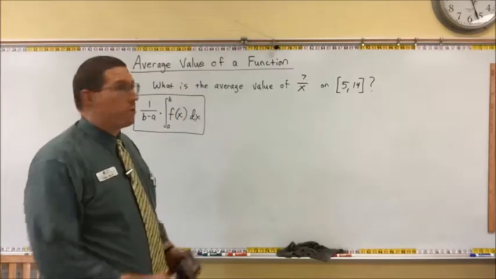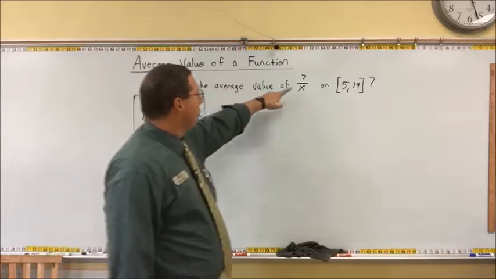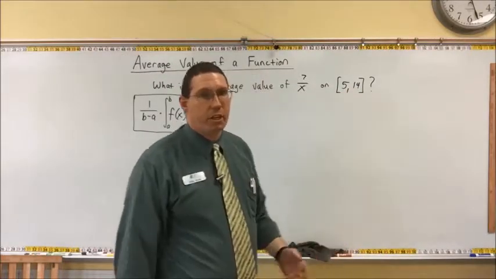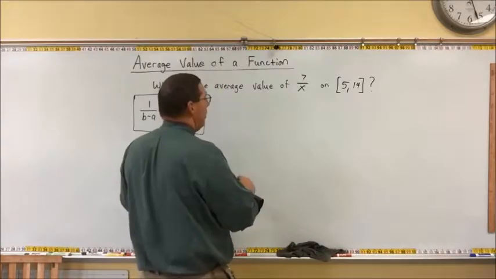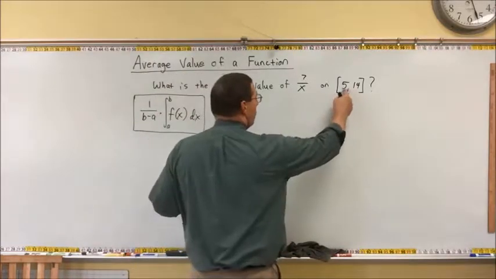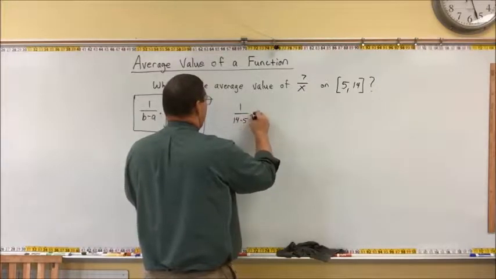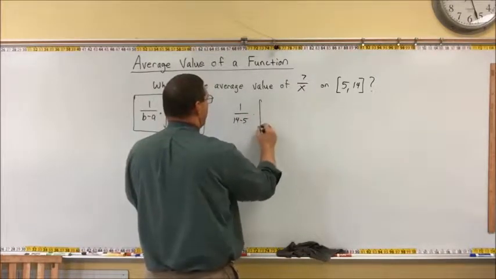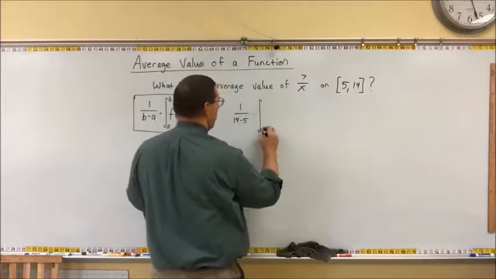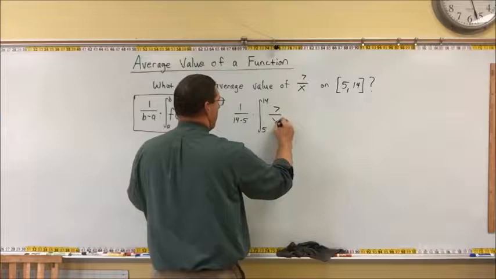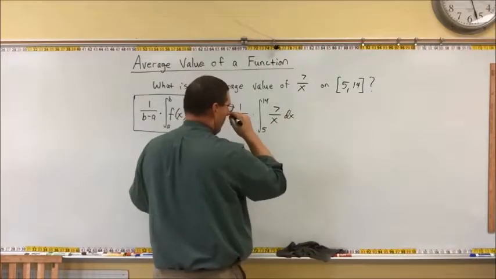All right, this one says, what is the average value of 7 over x on the interval from 5 to 14? Okay, well, we're going to do 1 over 14 minus 5 times the definite integral from 5 up to 14 of 7 over x dx.